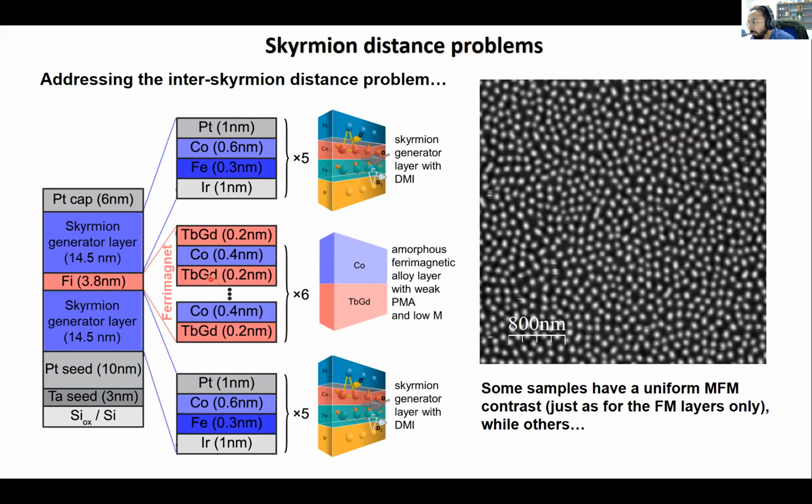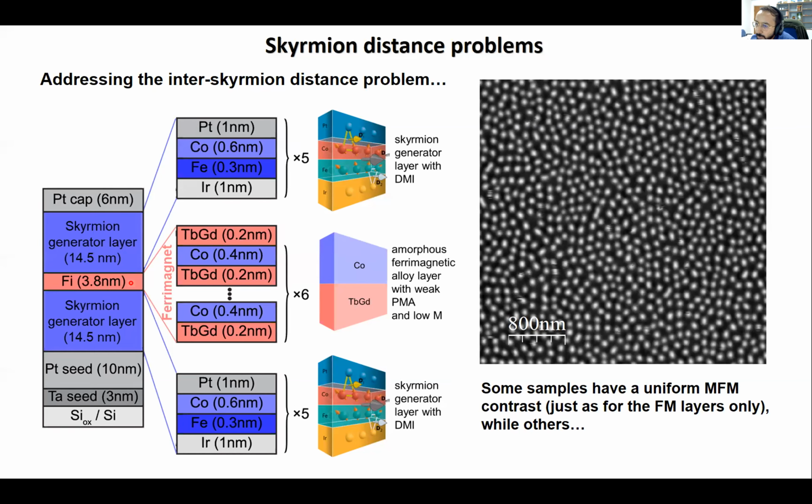Now, when we introduce a ferrimagnetic layer of 3.8 nanometers here, but we change the thickness, but that is not so important here. The ferrimagnetic layer is a terbium, gadolinium, cobalt multilayer, and this ferrimagnetic layer is placed between two different skyrmion layers. So the top and the bottom skyrmion layers are similar to the one I just showed before, which was already observed in 2017.